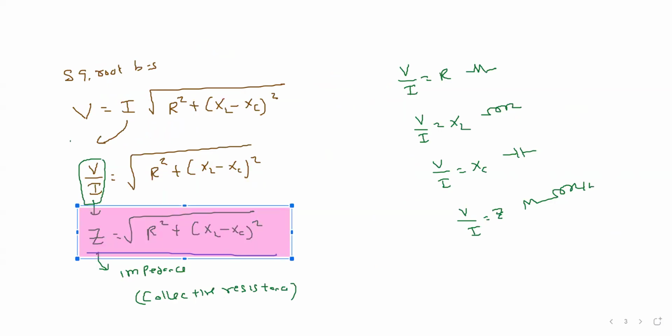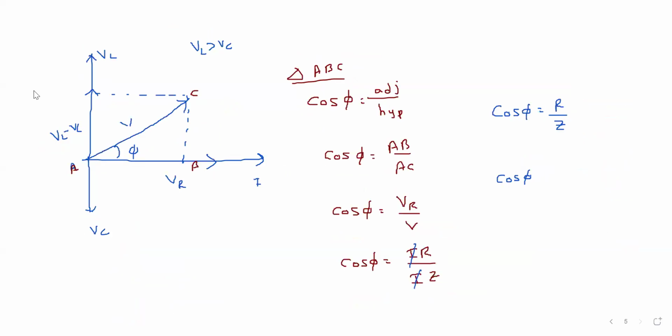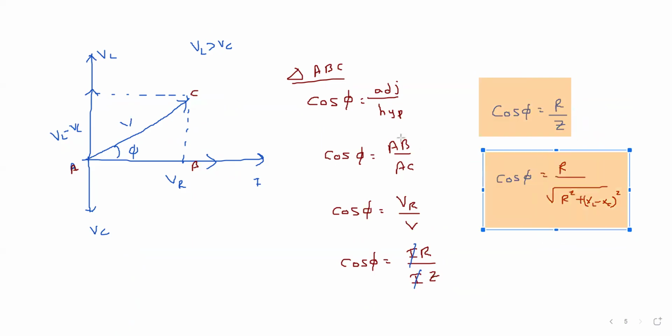I'm going to use this here. So cos phi is equal to R by root of R square plus XL minus XC the whole square. You can use either the first formula or the second formula, depending on the question. If they ask for a derivation, write both. And this cos phi is called the power factor. In the question paper they won't ask for cos phi; they ask what is the power factor. So power factor is cos phi.